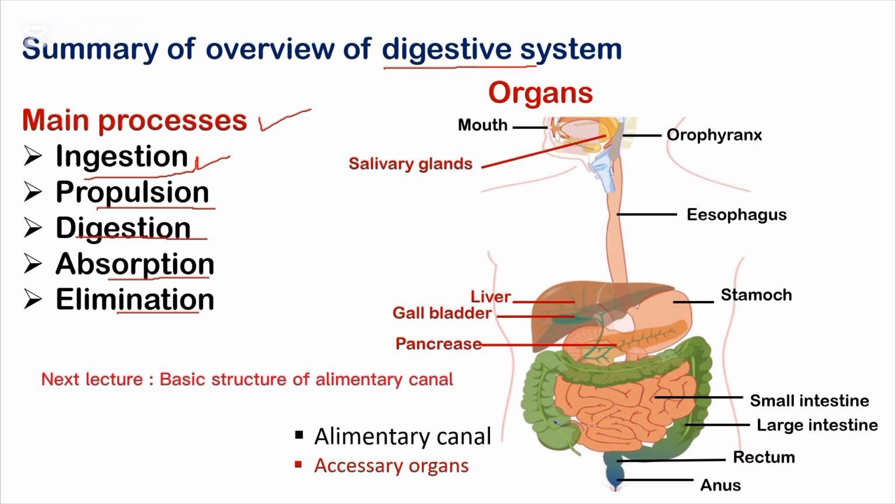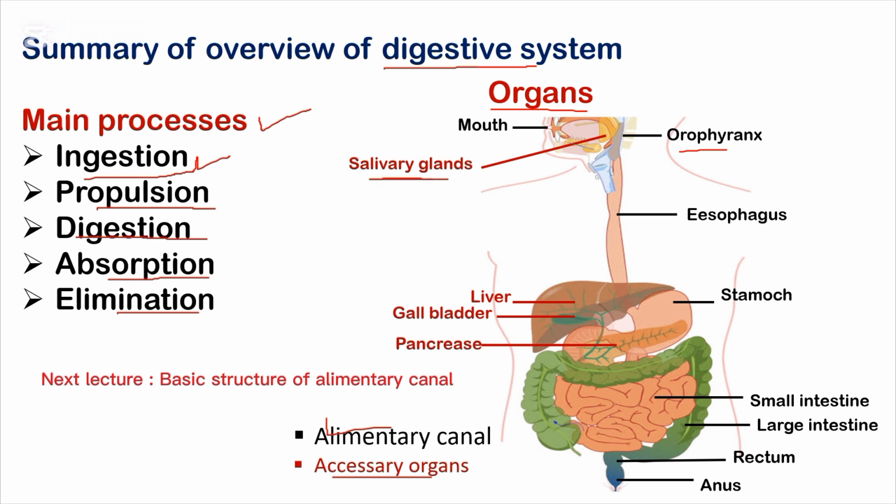Next, how are the organs distributed in the digestive system? Organs are distributed in two ways: organs of the alimentary canal and accessory organs. Organs of the alimentary canal are labeled in black color and accessory organs are labeled in red color in this picture.